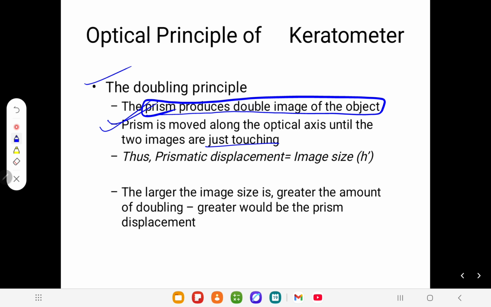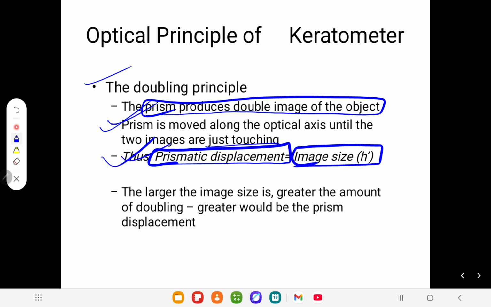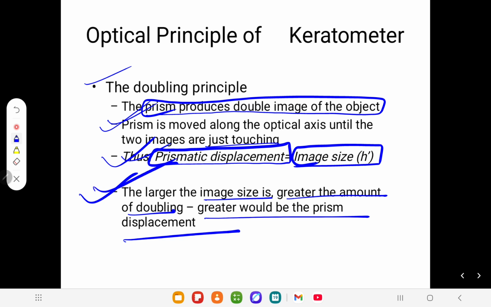If the two images just touch, the prismatic displacement for touching them is equal to the image size. That's the game here. The larger the image size is, the greater the amount of doubling, and the greater the prismatic displacement. This is a great line that you can write in your exam as a student.